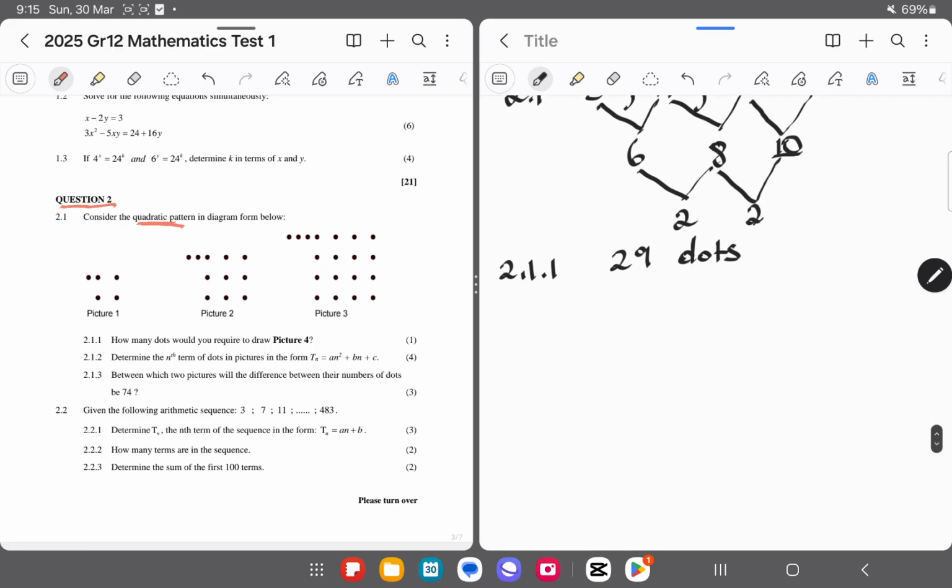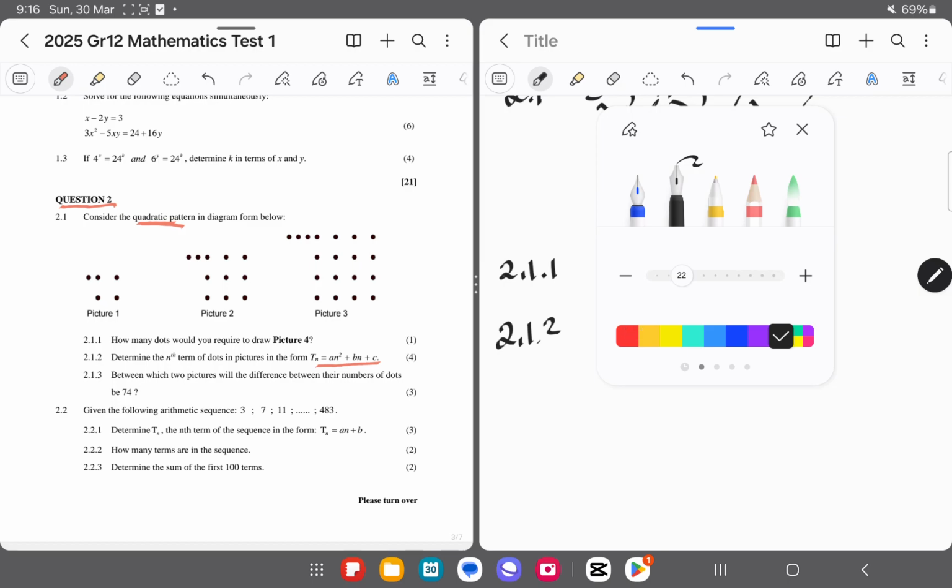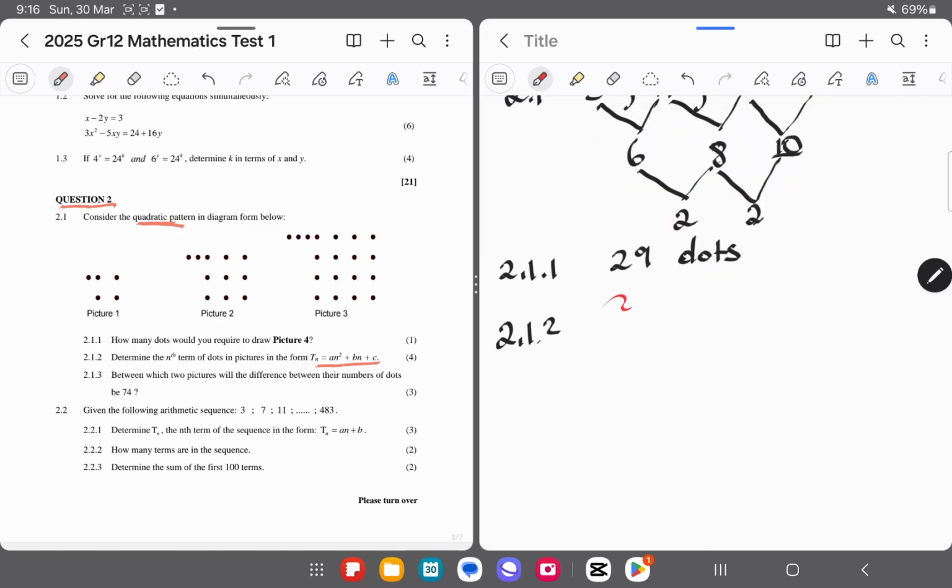Now 2.12, it says determine the nth term of dots in pictures in the form Tn. So it means we need to find the general formula. We need to find the values of A, B, and C. Now we need to find a Tn in the form an squared plus bn plus c.